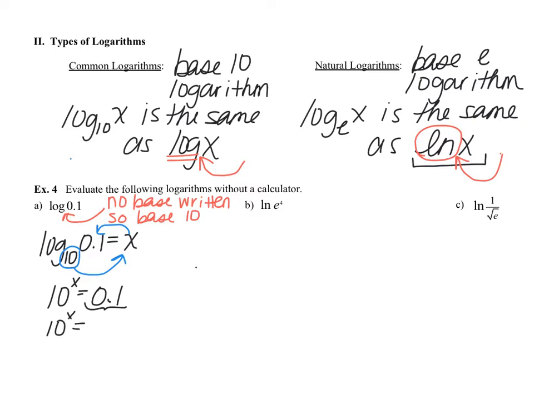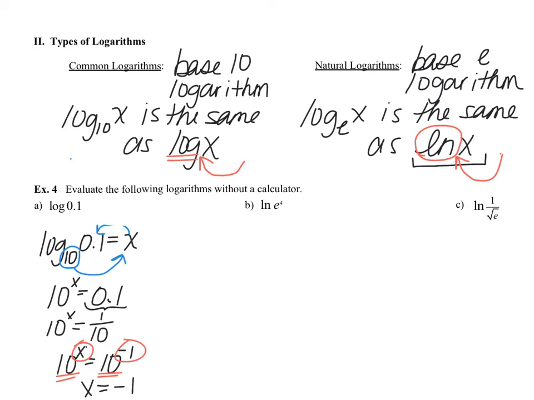So 10 to the x power is equal to 1/10. But 1/10 is really the same as 10 to the negative first power. Now we can use that uniqueness property that says when the bases are the same, the exponents are going to be equal. That tells us that x is equal to -1.